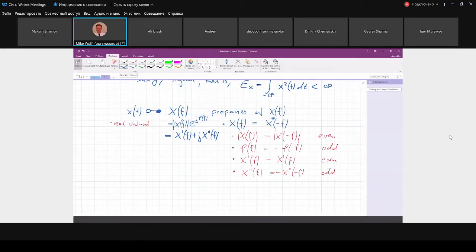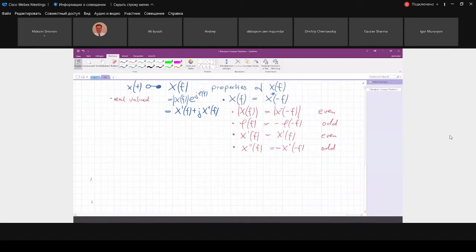So let's do this now. It could look like this. This is the bandpass signal that I draw here, but in the frequency domain, of course. Now, if this were an optical signal, we take a look at the carrier frequency Fc.